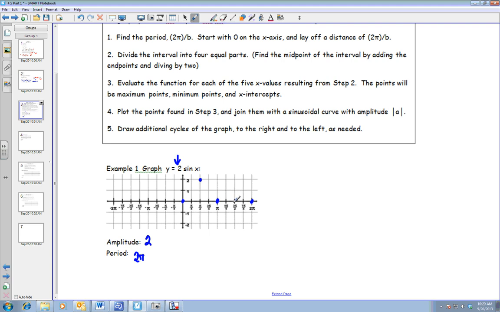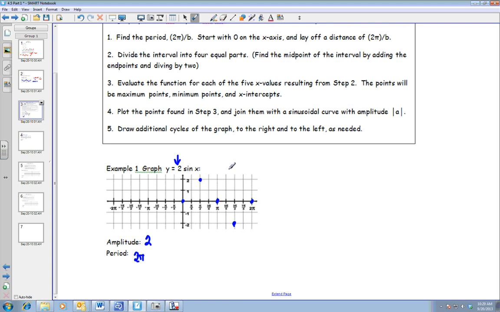Now at 3 pi over 2, which is where I always put my other point, it's usually negative 1. But instead of going down to negative 1, my amplitude tells me I'm going to go down to negative 2. So anytime I would normally go up 1 or down 1, I would go up 2 and down 2.